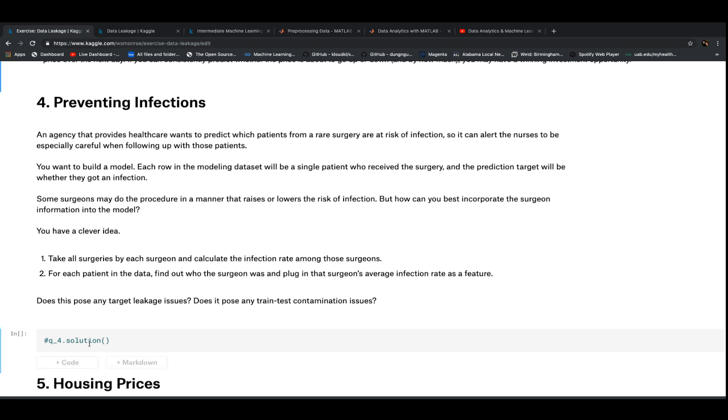Except when you are calculating the average infection rate for the surgeon, if you include the person who is currently being predicted, then that would be a target leakage issue. But if you're just taking all his previous patients, then that should be fine. And I don't see any train test contamination issue, at least on the first glance. But again, we could be wrong. Pause the video, try to figure it out, and then you'll see if you are wrong or right with us.